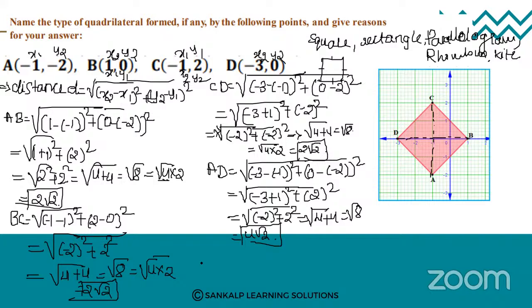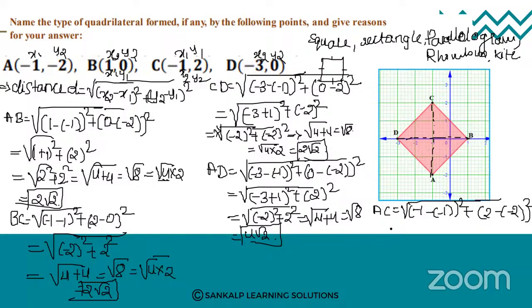Therefore, first find out the value of AC. Let us see what AC comes to, diagonal AC. AC value is, A to C means the A value is x1, y1 and the C value is x2, y2. So for AC, x2 is minus 1 and x1 is minus of minus 1 whole square, plus y2 is 2, 2 minus of minus 2 whole square, right?